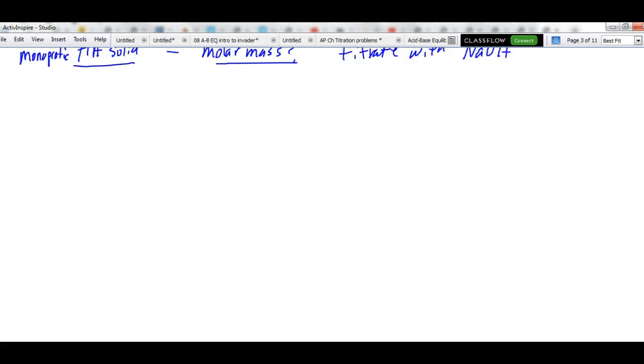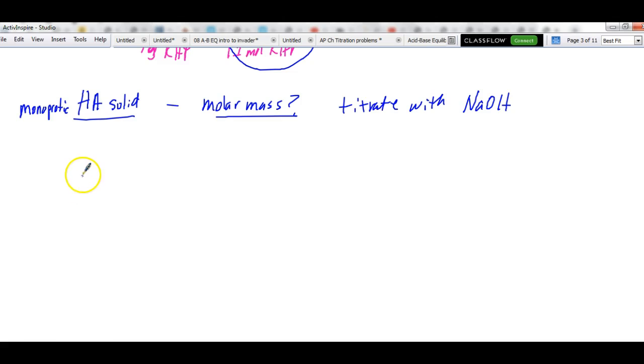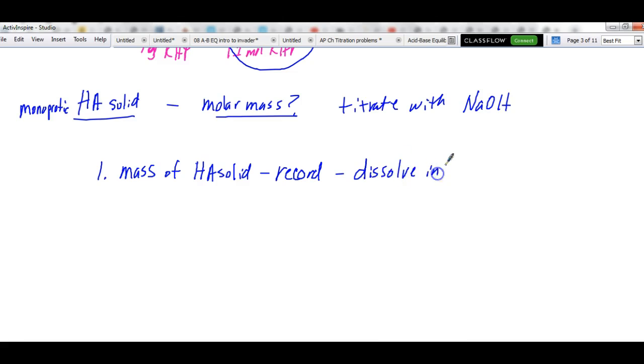Let's talk about the steps we need to take first. We're going to take the mass of the HA solid and record that, and dissolve it in distilled water. Then we have to have something to see a color change, so we're going to add phenolphthalein or some other indicator.